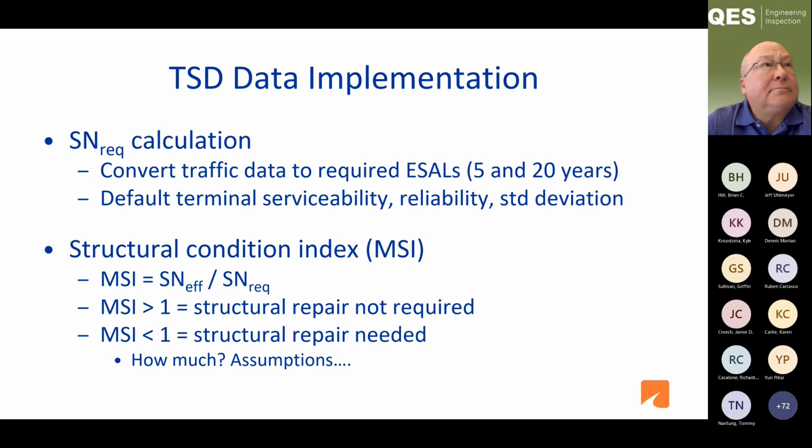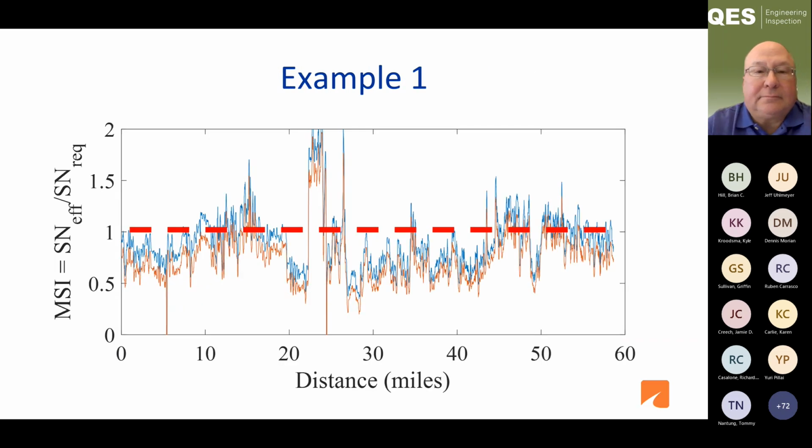And so if your MSI is greater than 1, repair is not required. MSI is less than 1, repair is needed. And so how much repair is really needed? Well, again, it depends on some of your agency assumptions and how you calculate layer coefficients for various materials and things like that. Steve, could you jump to the next slide, please?